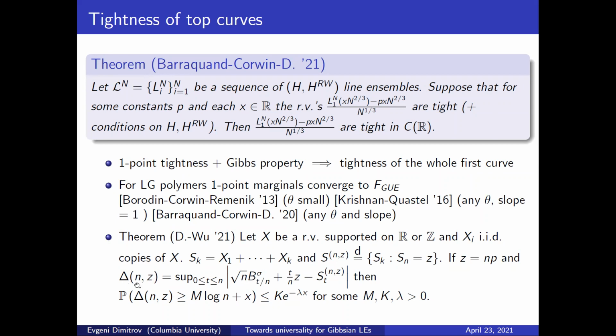in the sense that if you look at the sup distance between these two objects, then the probability that this sup distance is bigger than logarithmic in scale is exponentially small. So this is a KMT type coupling for bridges.